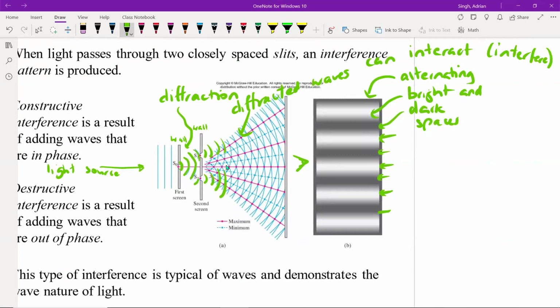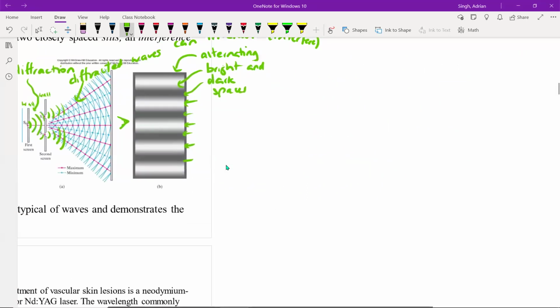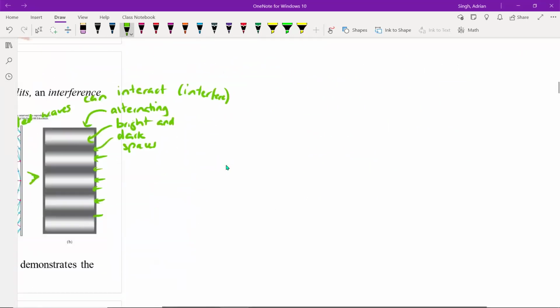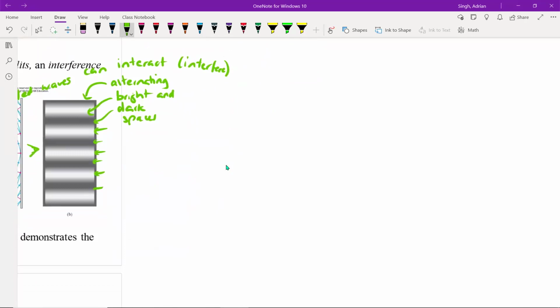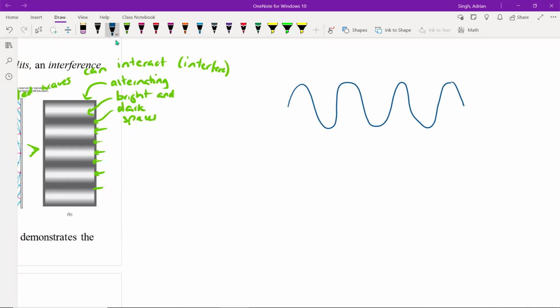Now, to understand that interference, we need to think about how waves actually work as well. And you probably know this from experience, but let's take a look at it. If I have a wave that kind of looks like this, and then I have another wave that is identical to it, but it also coincides with that wave on top.